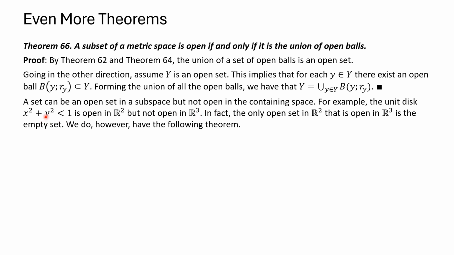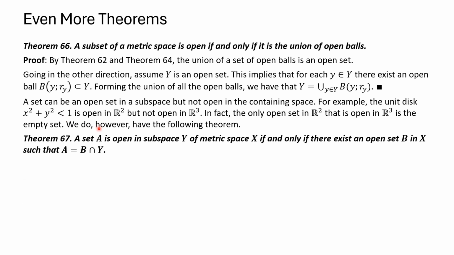In order for this set to be open in R3, you would need to be able to find a three-dimensional ball in R3 that encircles one of the interior points of this disk and is completely contained in our disk, which is not possible since open balls in R3 are three-dimensional, and so they can't be contained in this set. So in fact, the only open set in R2 that's also open in R3 is the empty set.